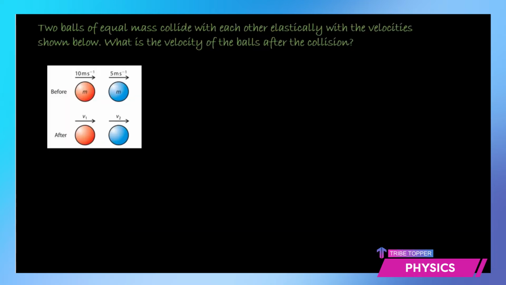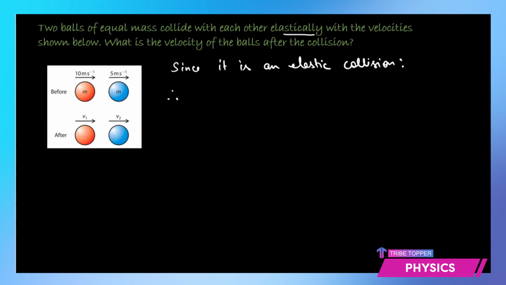Here a question says that two balls of equal mass collide with each other elastically with the velocities shown below. What is the velocity of the balls after the collision? It's clearly mentioned it is an elastic collision. So since it is an elastic collision, that means the momentum and kinetic energy both are conserved.